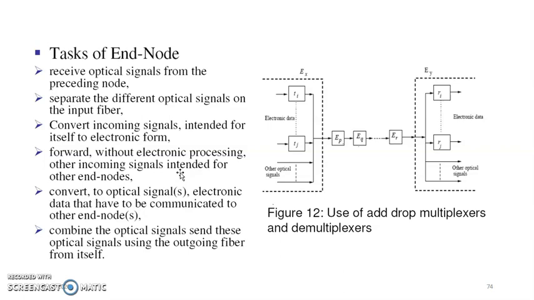It converts the incoming signal intended for itself to electronic form. We can process those signals at the end node, and those optical signals that are to be communicated to another node are to be transmitted. Then it combines the optical signals onto the outgoing fiber from itself.